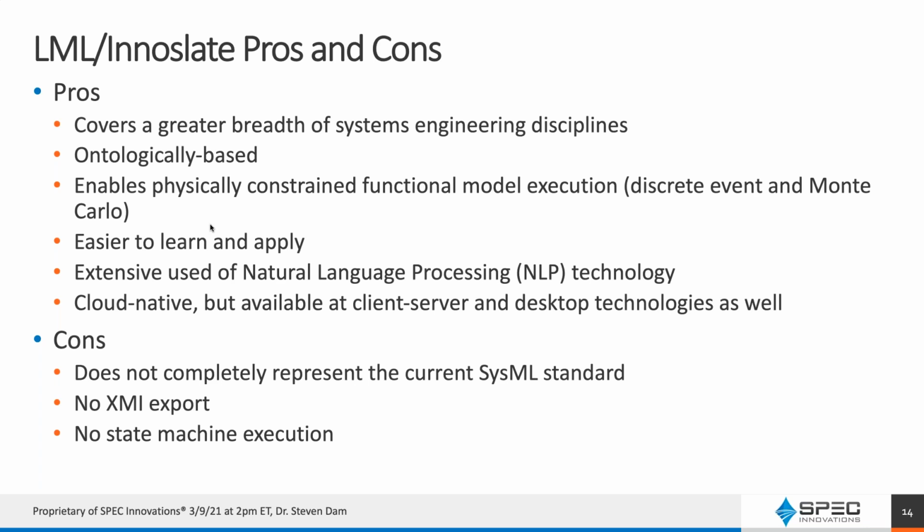I remember working with state machines at least 35, 40 years ago, and being very discomforted with using them for systems engineering. Yes, systems have states and modes and all that kind of stuff, but I just find that it's not as amenable as the functional modeling we can do with the action diagram. So that's just me.